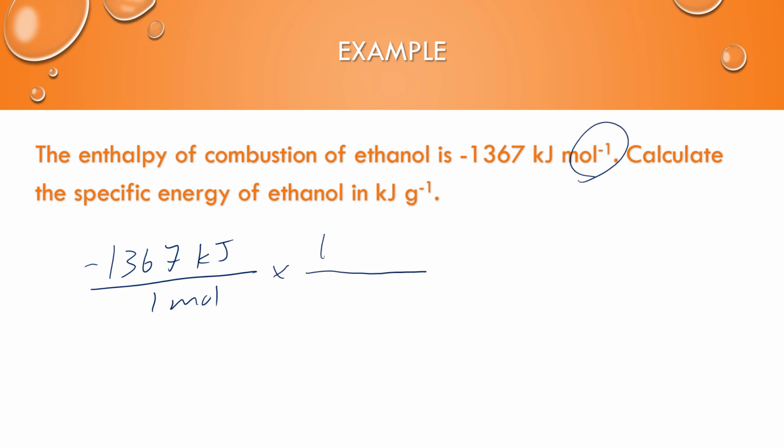For every 1 mole of ethanol, its molar mass is 46.1 grams. And so I'm going to set it up that way for ethanol. So the moles cancel. And then when you divide, you get 29.67 kilojoules per gram. And so that's your specific energy.